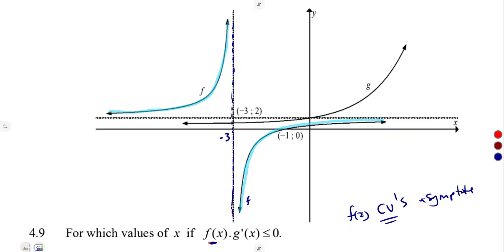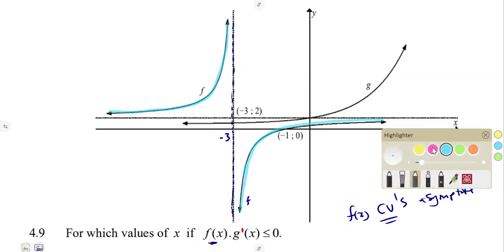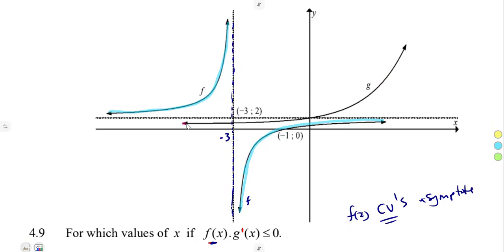What about g prime x, the first derivative of g, as g is given as an exponential function? What will be the critical values? It is also affected by the asymptote, but in our case, we do not have the x asymptote. Remember, for the asymptote to have an effect, it must be the x value, x equal to what?